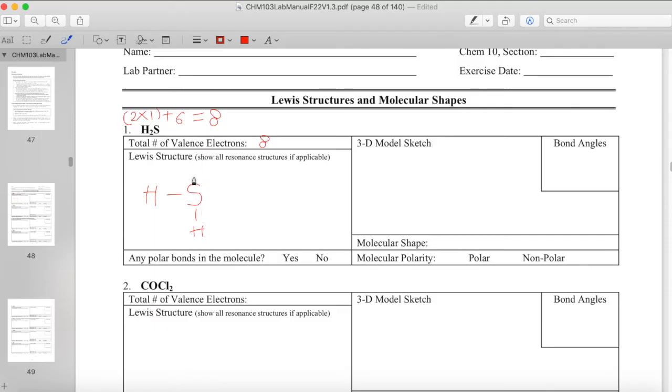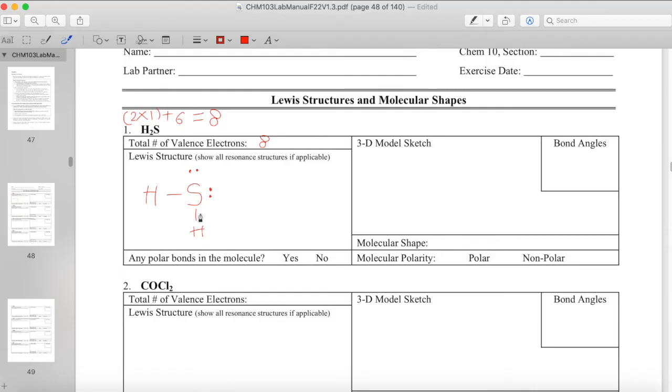So we need to draw those extra electrons, and we do that by giving that sulfur lone pairs. We give it a pair of dots over here and a pair of dots over here. Now if I'm counting each of my pairs of electrons, 2, 4, 6, 8, my sulfur is meeting the octet rule and it is happy. And that's a good thing.